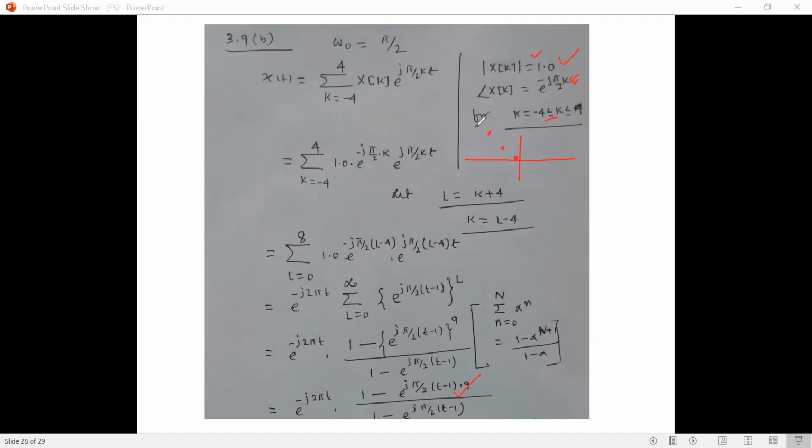It is going in this way from minus 4 to, for example, plus 4. Okay, so your phase angles are given there. The magnitude is constant from k equal to minus 4 to 4. Then this is what you sum. Then you change the variable so that your sum can be taken from 0 to 8. Then you can use your general formula to write the equation in closed form.